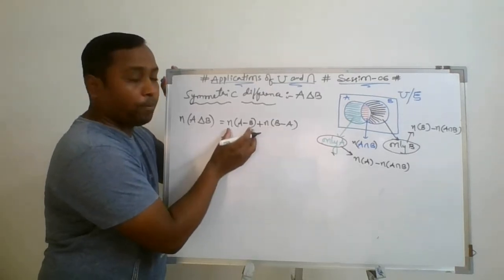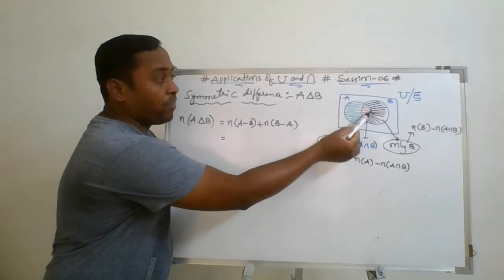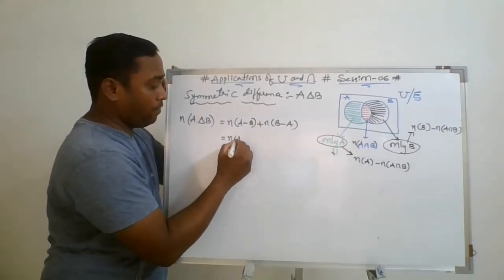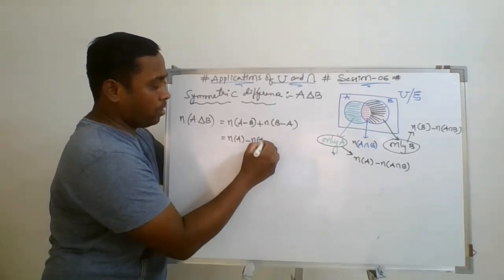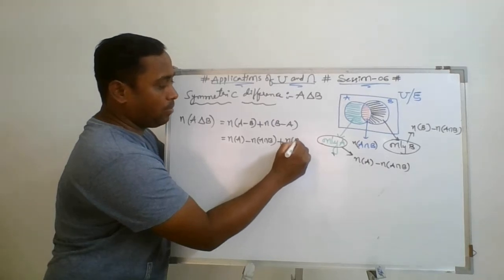And by the formula, you may also speak like this. So how can you obtain A minus B? कैसे मिलेंगे हमको? Green portion कैसे मिलेगा? A में से red portion को remove करना है, यानी कि number of A minus number of A intersection B. Similarly, B minus A कैसे मिलेगा?